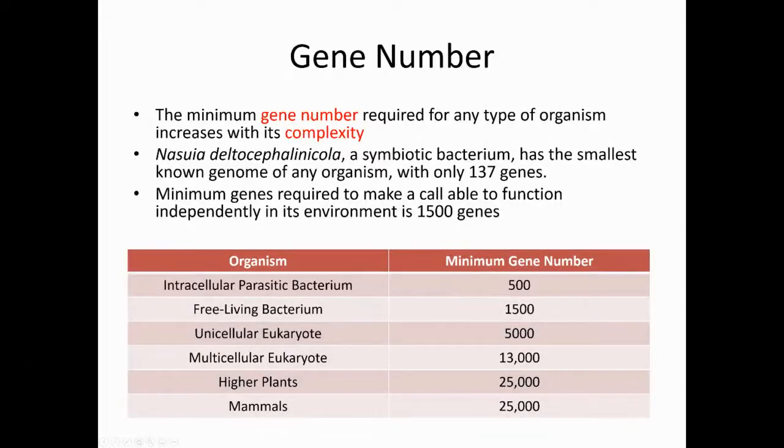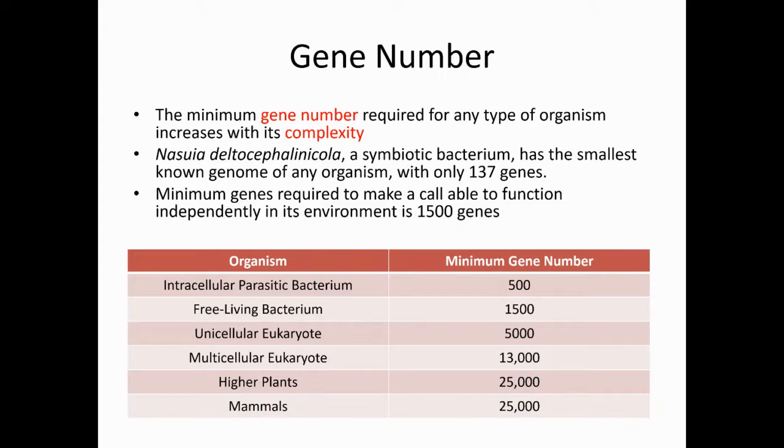Determining those genomic DNA sequences about 20 years ago was almost impossible. But since the development of NGS technology, next generation sequencing, genome sequencing is very simple and very quick, so we are able to determine the connection between gene number and complexity. Normally, the minimum gene number required for any type of organism increases with its complexity.